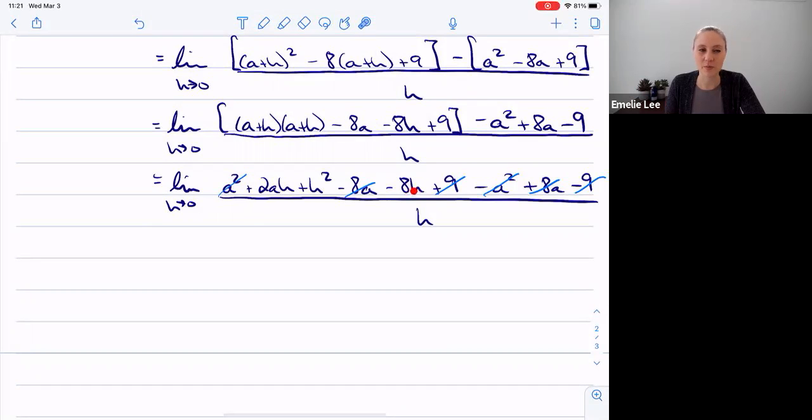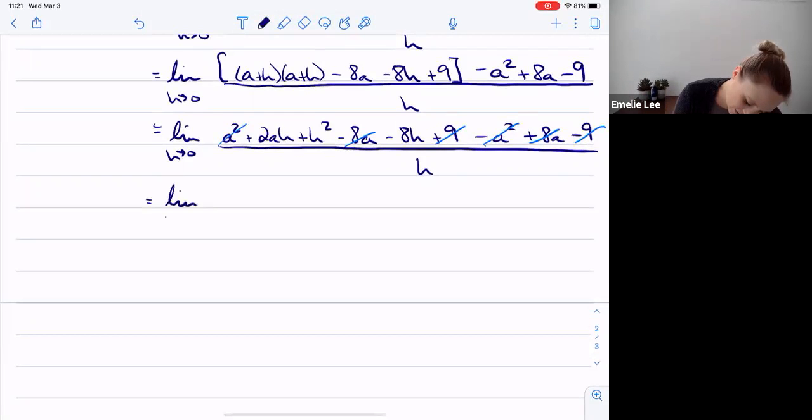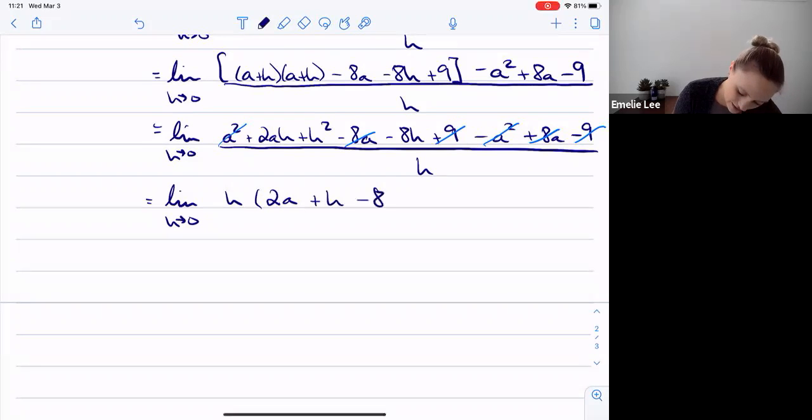I've got a common multiple of h, which I can factor out to the outside. So I have the limit as h goes to 0 of h times (2a plus h minus 8) over h.